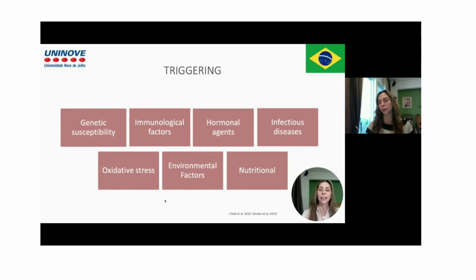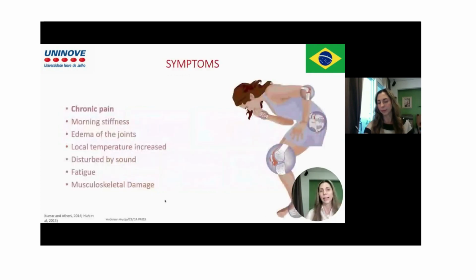Oxidative stress, like cigarettes, free radicals, and so on. Environmental and nutritional factors can also contribute. The symptoms are chronic pain, morning stiffness, edema of the joint, local temperature increase, fatigue, and musculoskeletal damage, because cartilage inflammation can often migrate to the tendon and also to the bones.